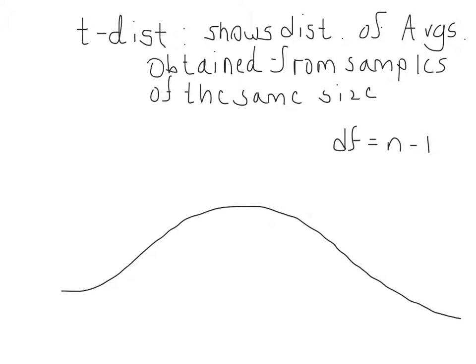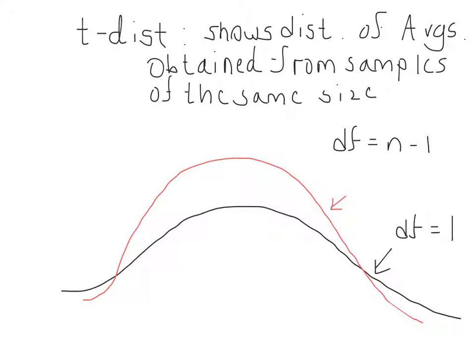So this is where our degrees of freedom is equal to 2 minus 1, which is 1. On the other hand, let's say I took samples of size 10. Then my degrees of freedom would be 10 minus 1, or 9. Well, I'll see that it's not as much spread out, and it's going to be taller in the middle.